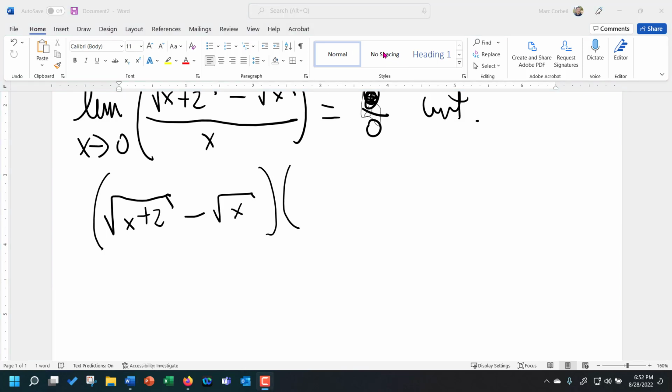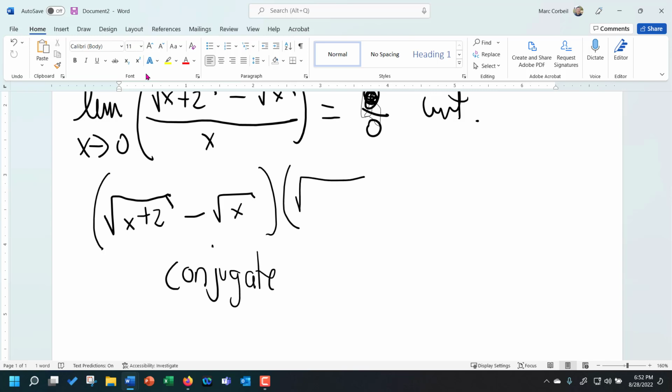So we're going to use a particular form of this, and it's called the conjugate. The conjugate is actually the same rational, or radical, I should say, expression, but with a change in sign.